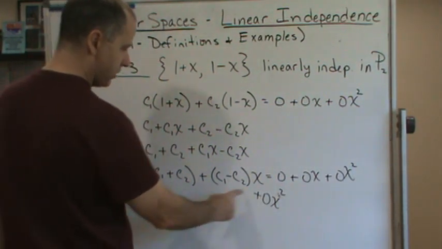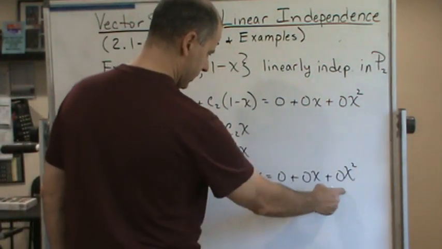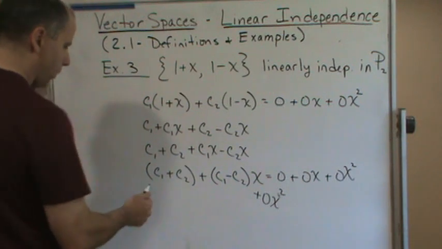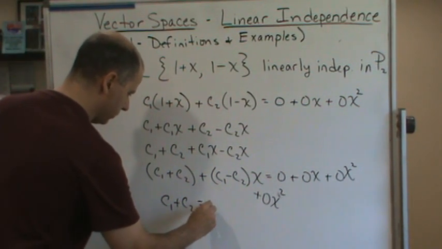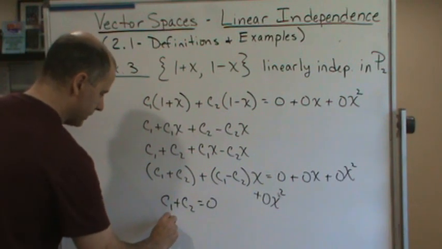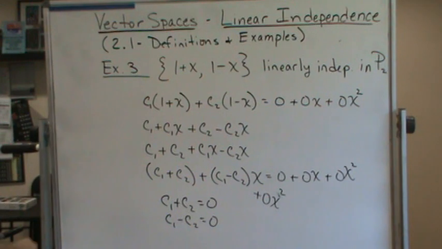So this coefficient matches up with this, and then of course this matches up with this, and so what do we get? We get C1 plus C2 equals 0. We get C1 minus C2 equals 0, right? And then of course we get 0 equals 0 for the bottom one. So we can just ignore that.